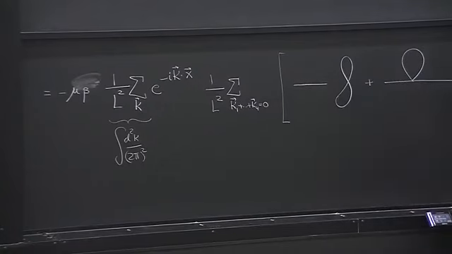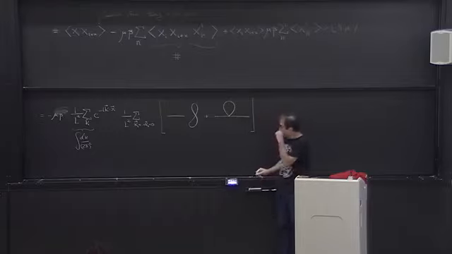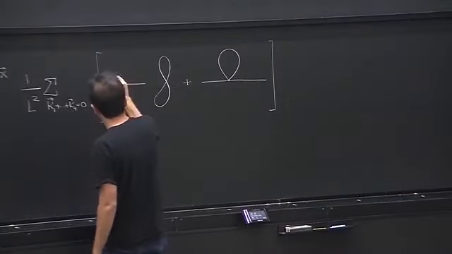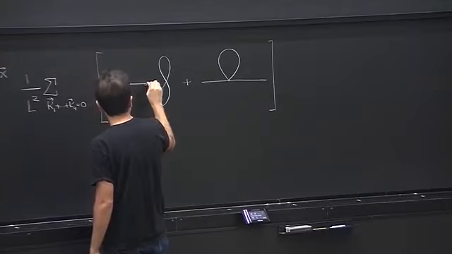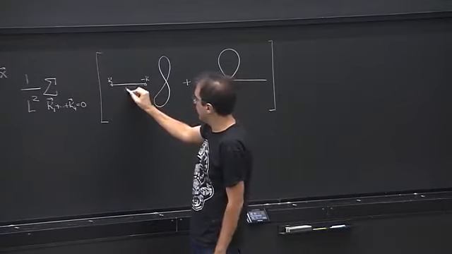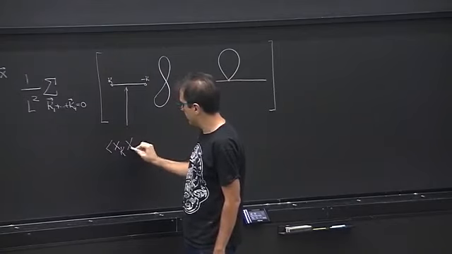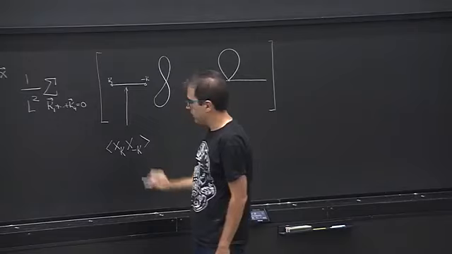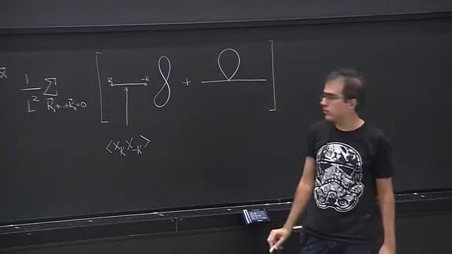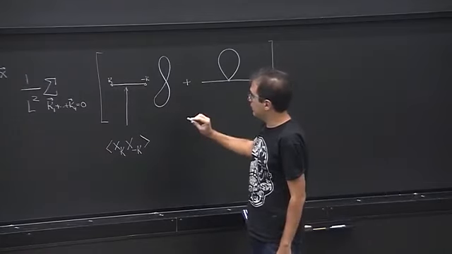Okay. So what do I mean by this picture? So this picture means the following. Here I'm thinking that I inject momentum k, and I receive momentum k here. And this line here represents the propagator, the pair x_k, x_minus k. That's one term where in my pairs I pair the first 2, x_k and x_minus k. And what about the other ones?